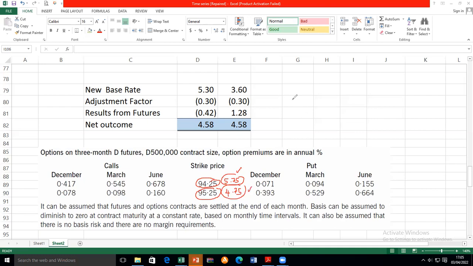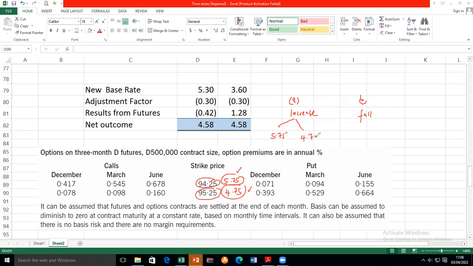Then what may happen in the future, there are 2 things. A, the interest rates may increase. B, the interest rate may fall. So here there are 2. And under each one of these now, you've got your 5.75 and 4.75.